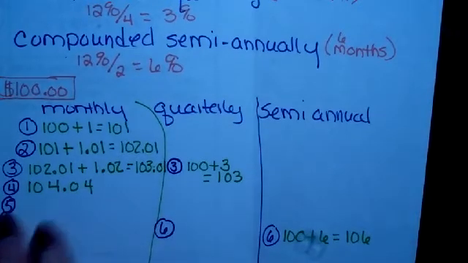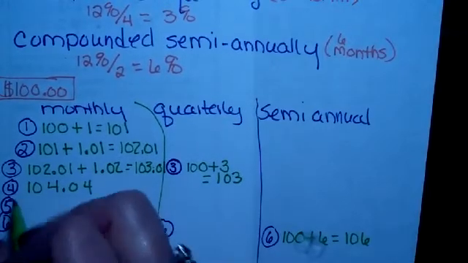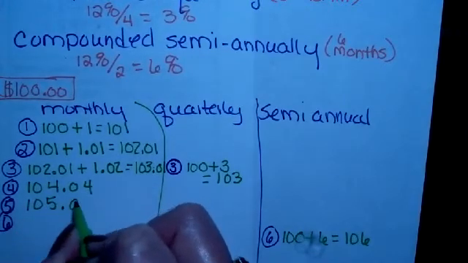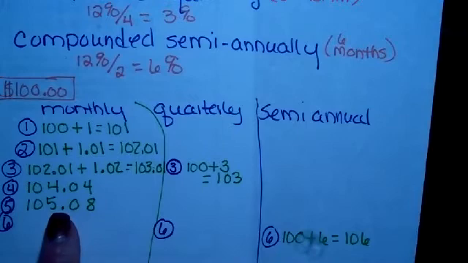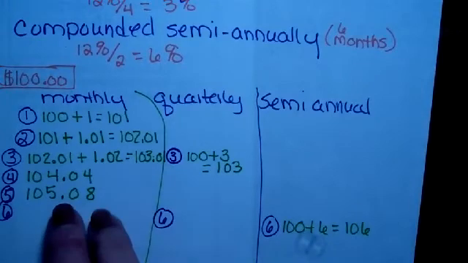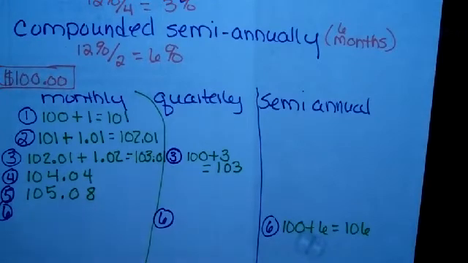If I go for month number 5, it's going to be $105.08. If I add 1% of this to it, that's all I'm doing: finding 1% of my current balance and adding it to it.